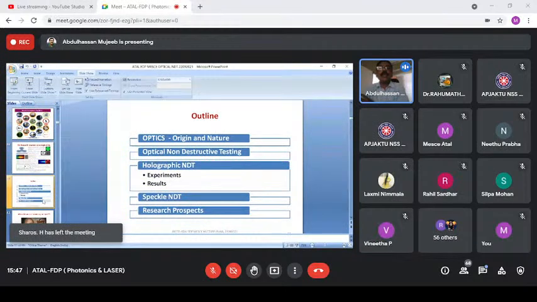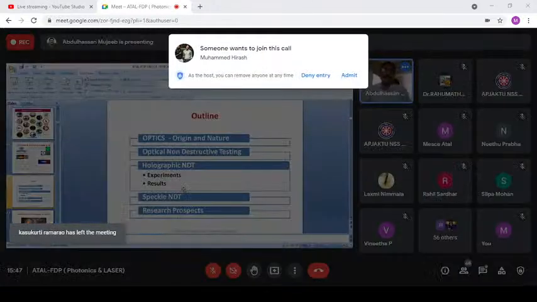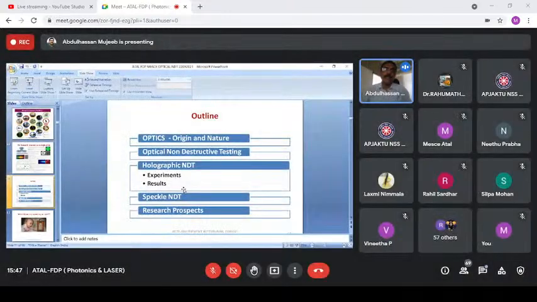Though the topic is optical non-destructive testing, I will give a brief introduction to optics, its origin and nature, for better understanding by teachers and faculty members of other disciplines. Then I will come to optical non-destructive testing, then holographic non-destructive testing, then speckle non-destructive testing. The two optical non-destructive testing methods that we are going to discuss are holography and speckle. I will give a brief introduction to holography and speckle, then we will come to the research prospects.